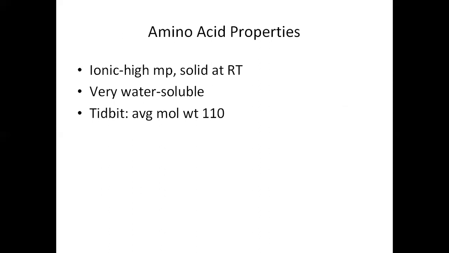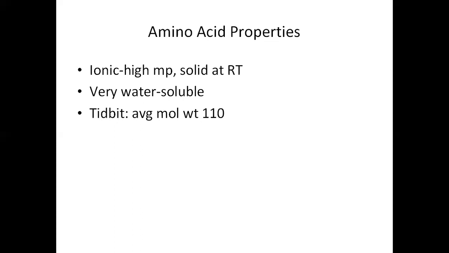There are some exceptions that we will discover in the laboratory. Also, the average molecular weight of the amino acids is 110. This is an important tidbit for calculating the approximate molecular weight of proteins and represents one of the end of chapter problems that is assigned.